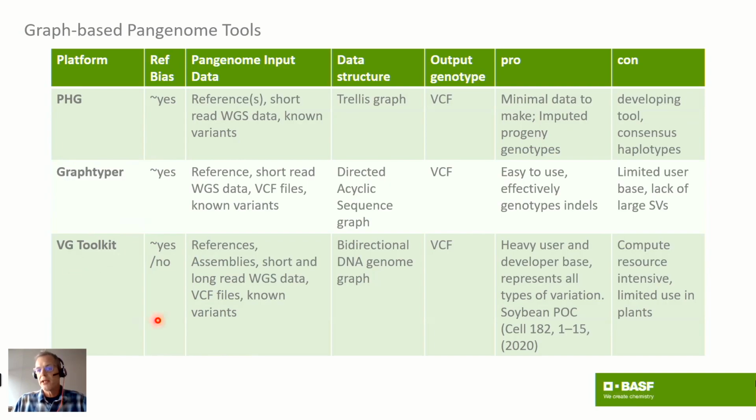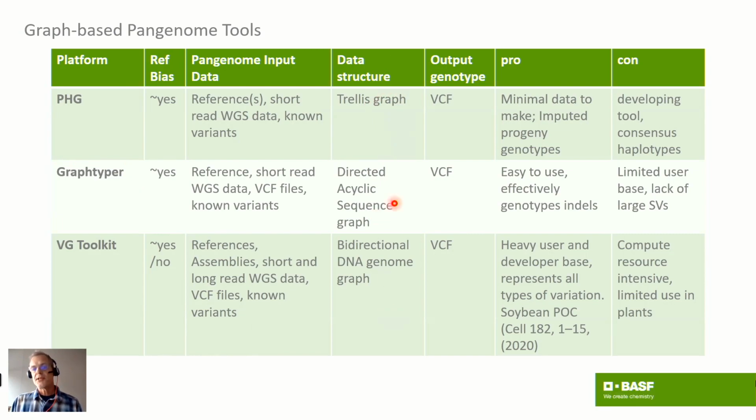VG Toolkit, in contrast, can make graphs independent of a linear reference. The data input to create a graph for all of these tools is also different. For PHG and GraphTyper, the requirement is less than for VG. The complicated data structure accepts more complicated data for VG.